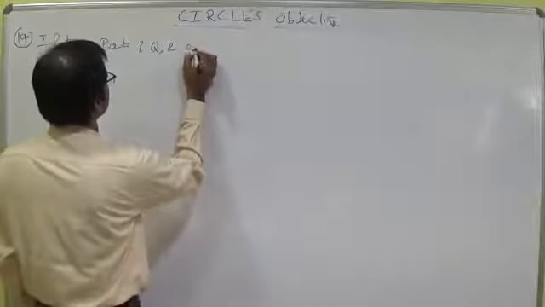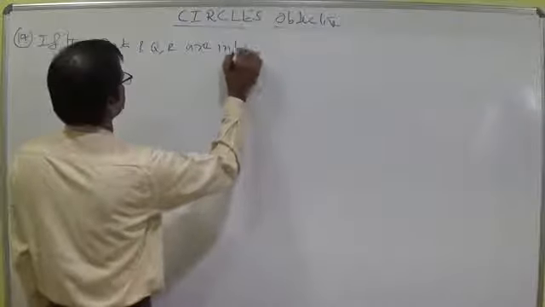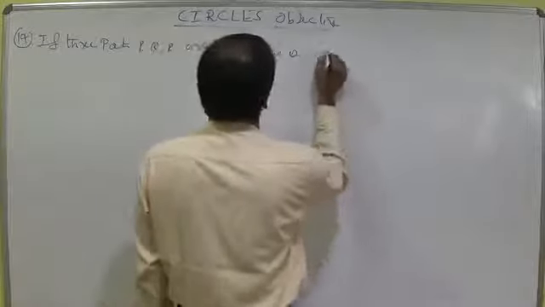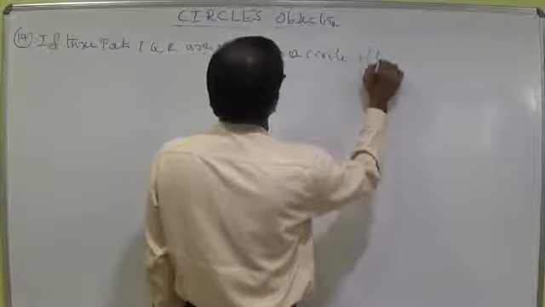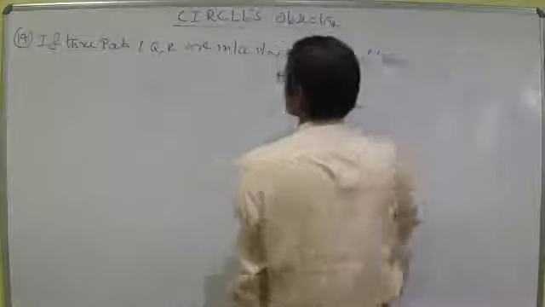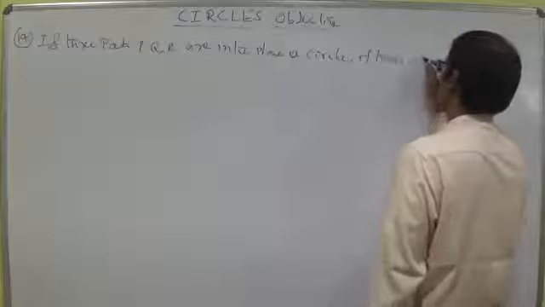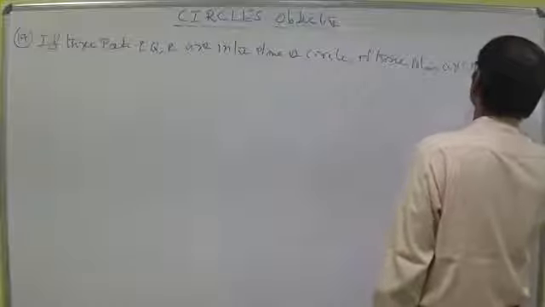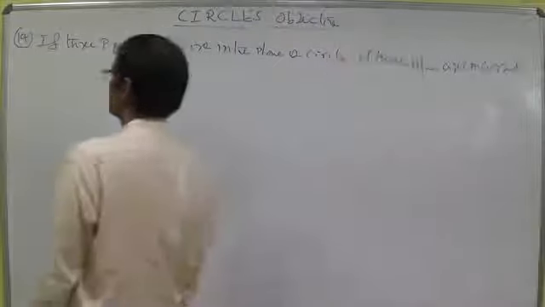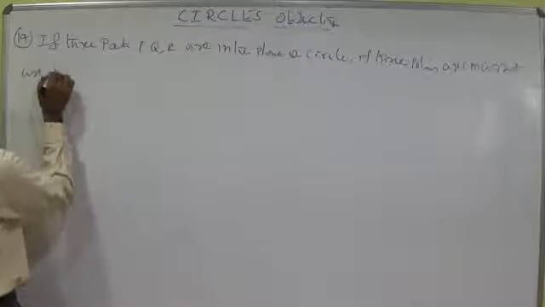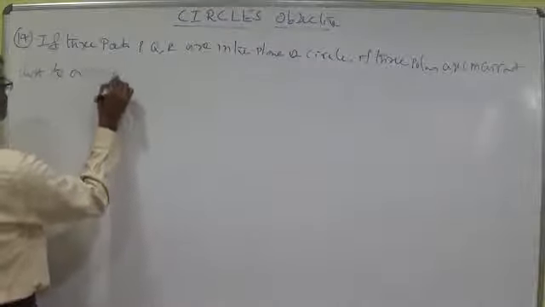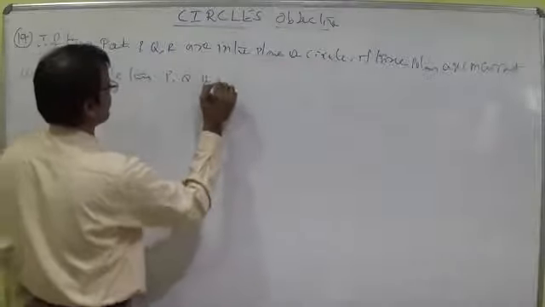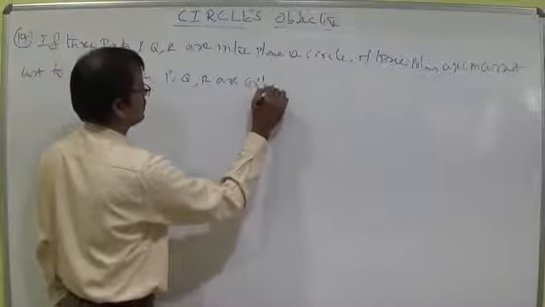If 3 polars of these points are concurrent with respect to a circle, then P, Q, R are collinear.